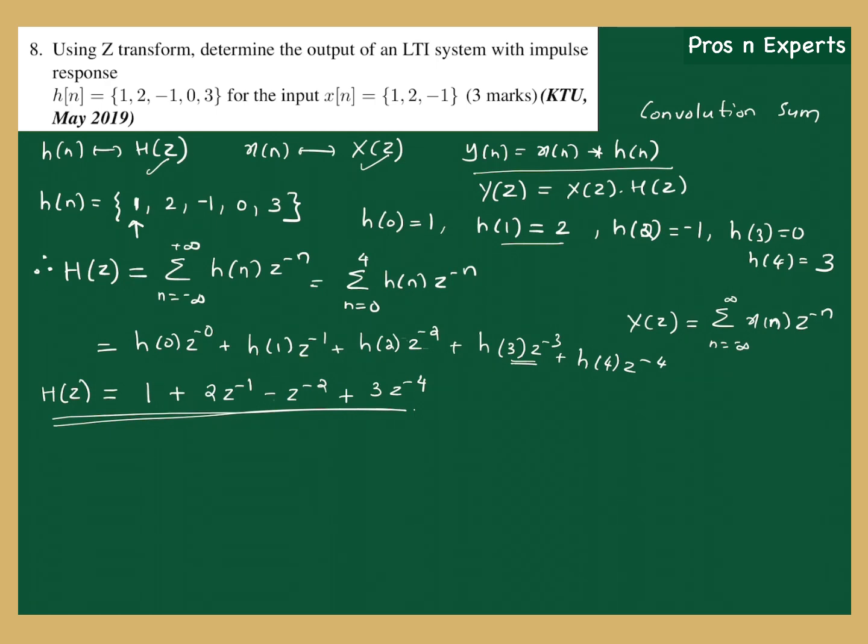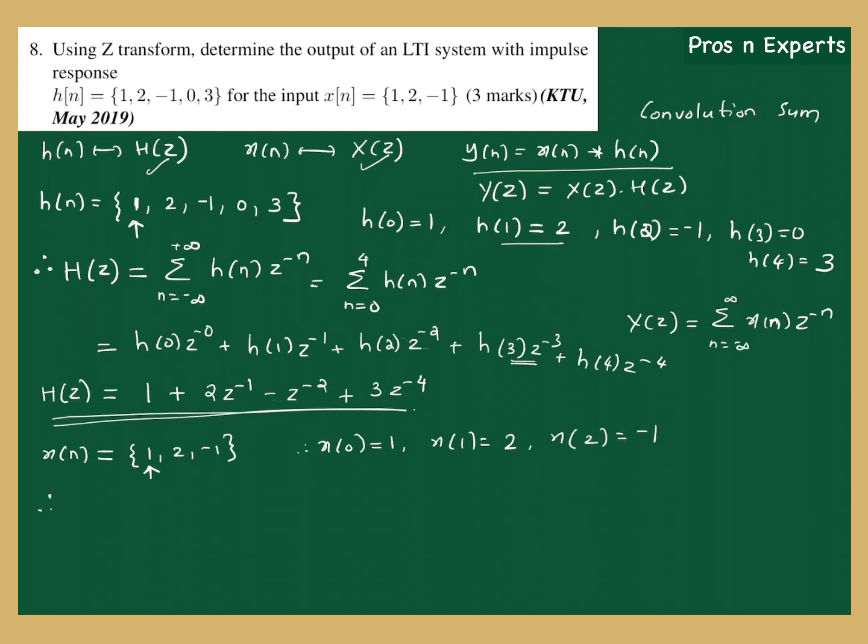Now, similarly, we can calculate the z transform of x(n), where x(n) is given in the question as 1, 2, minus 1. Again, let us assume that the signal starts at n equal to 0. So x(0) is equal to 1, x(1) equal to 2, and x(2) equal to minus 1.